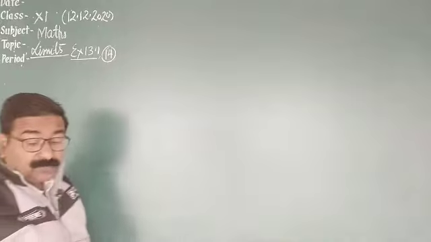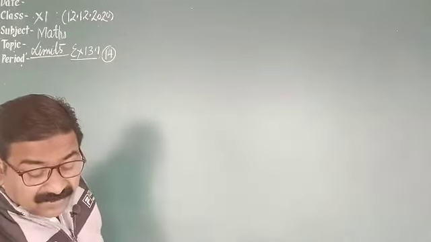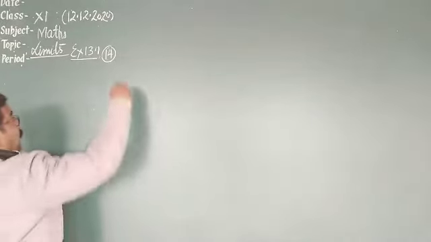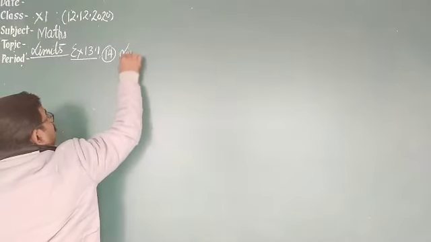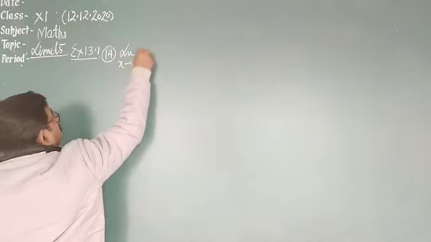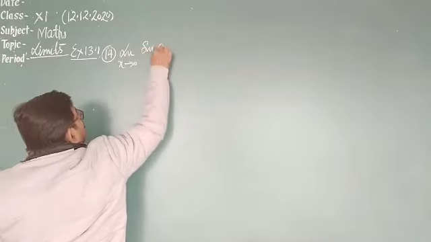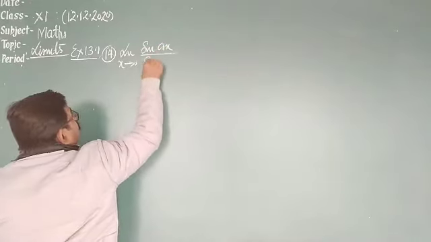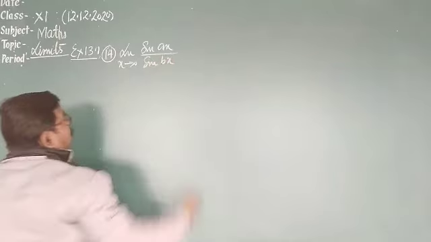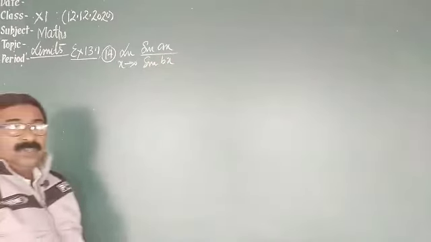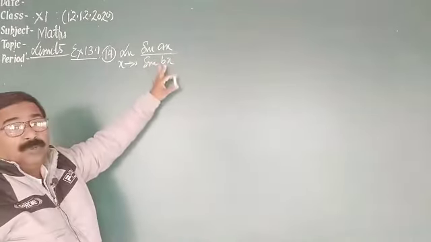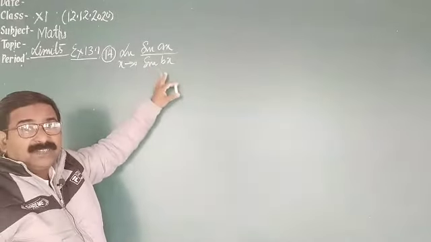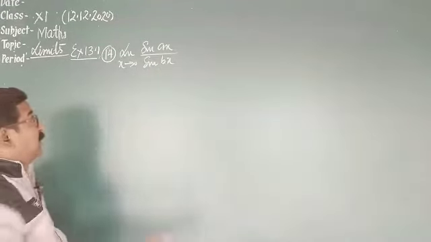Given: limit x tends to 0 of sin ax upon sin bx. As I told, this is the quotient form. Two functions are given under the same limit, so we can separate them.